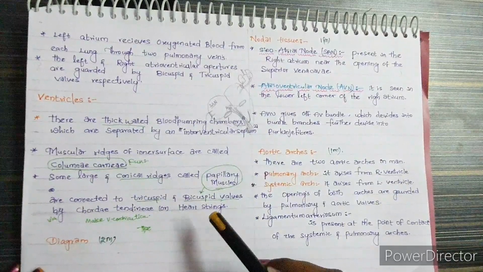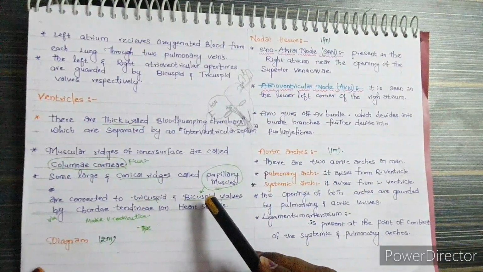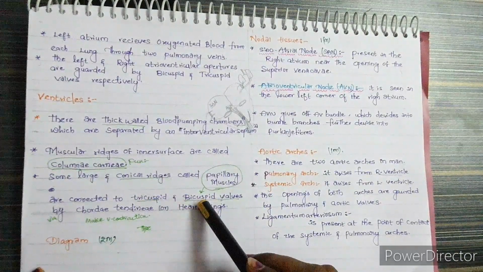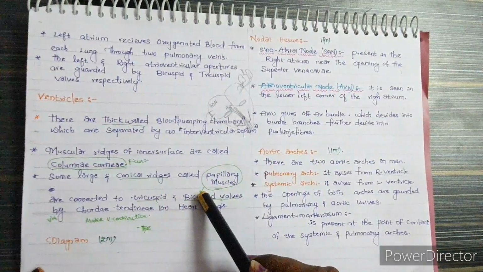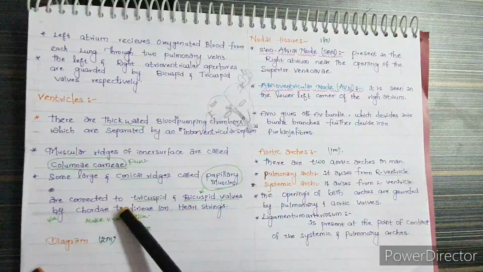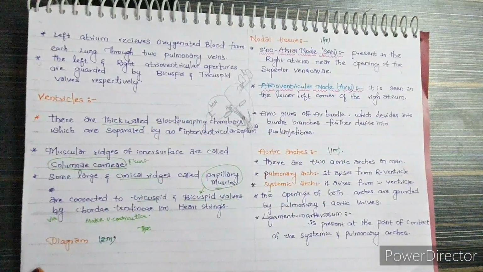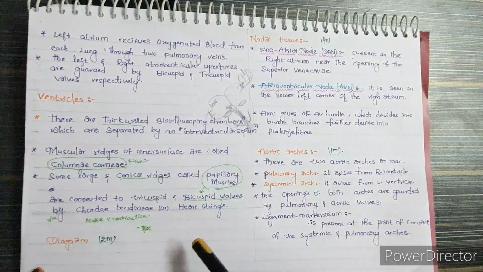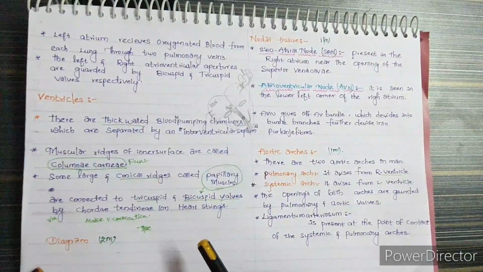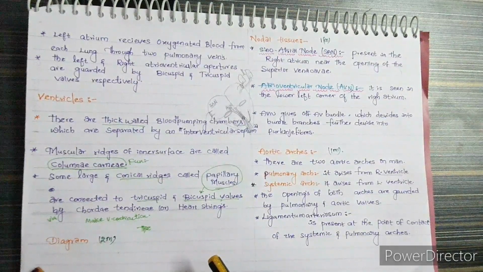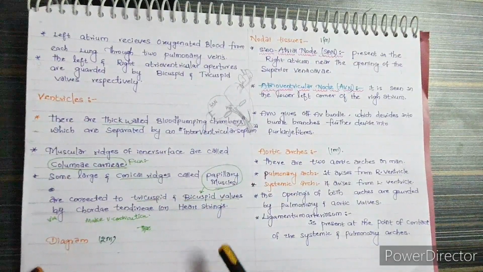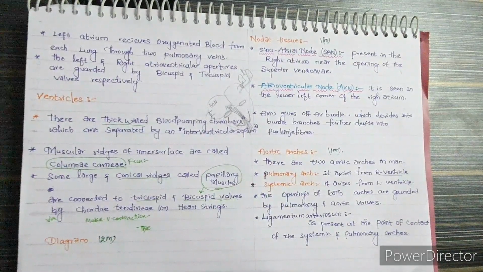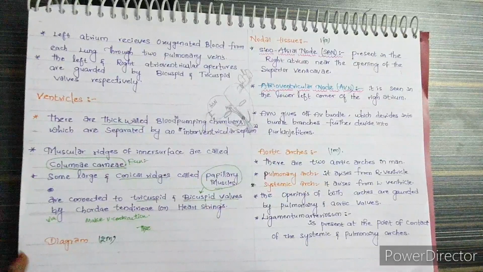Mainly it maintains unidirectional blood flow and helps to prevent leakage through the AV valves during systole, meaning contraction. No need to write all this there.